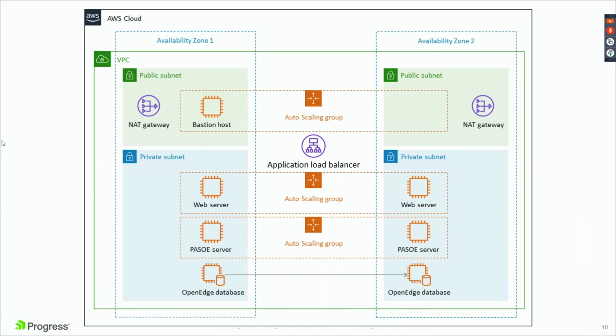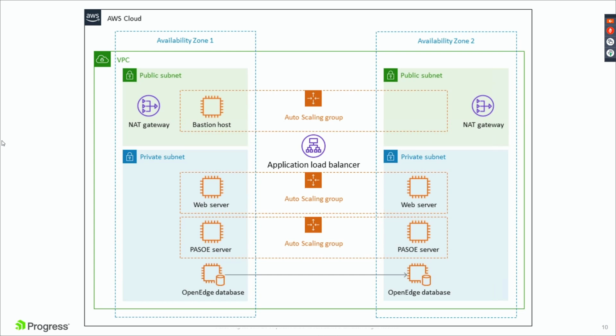Here's the architecture. What we are creating is an infrastructure to run, again, an entire OpenEdge application. It is created in the AWS cloud. It has a virtual private cloud that contains all the resources for this deployment, and it uses 2 availability zones.